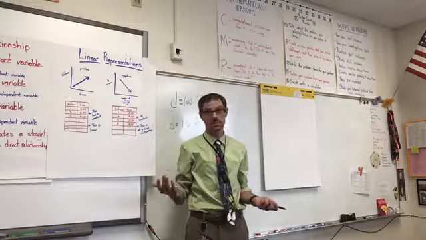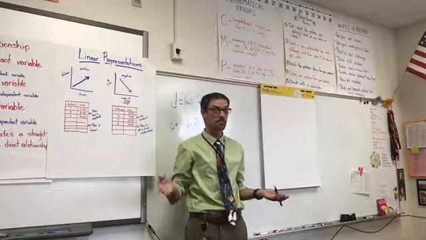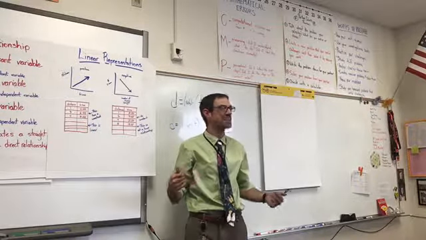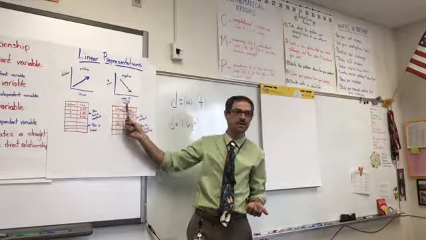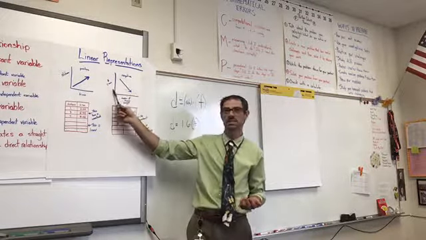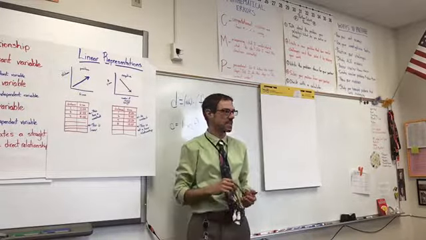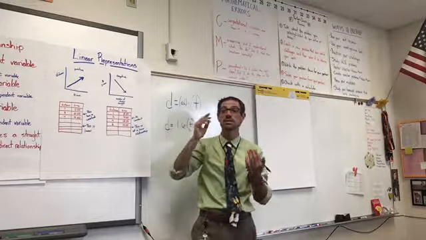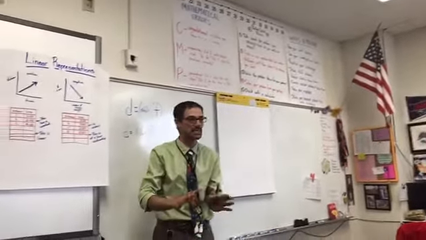It's like gallons of gas. As I spend more money for gas at the gas pump, the price per gallon does not change. But that means I have less money. This is a negative. As I buy more gas, I have less money. If I buy less gas, I have more money. So this is a negative linear relationship, but it is still linear because the price of gas or the price of the Tootsie Roll is constant.